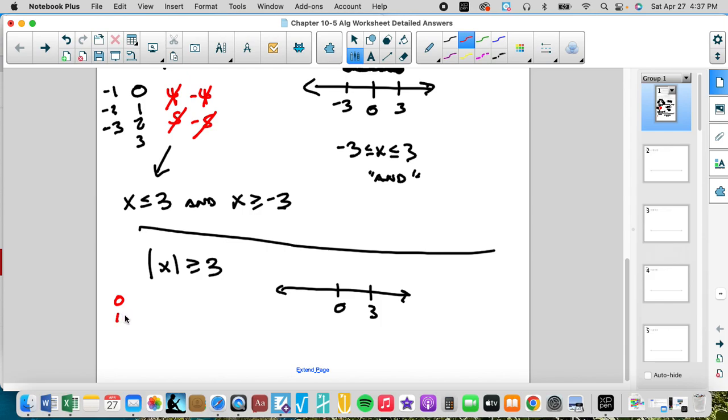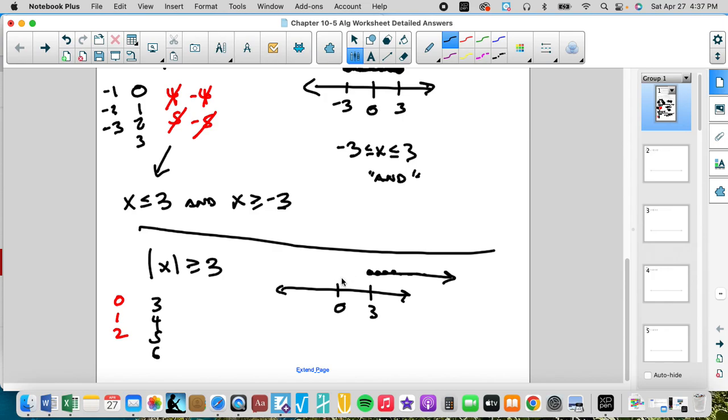No. 2? Nope. 3, yes, that's my first solution. The absolute value of 3 is 3, and 3 is greater than or equal to 3, that's equal to it. How about 4? 4 works. 5, 6, all the way to positive infinity.